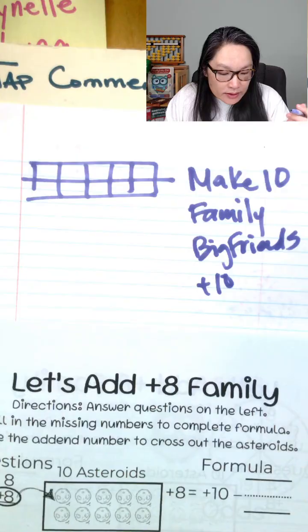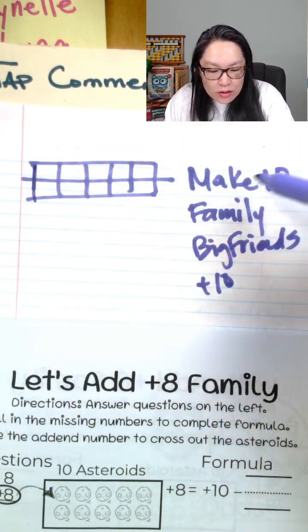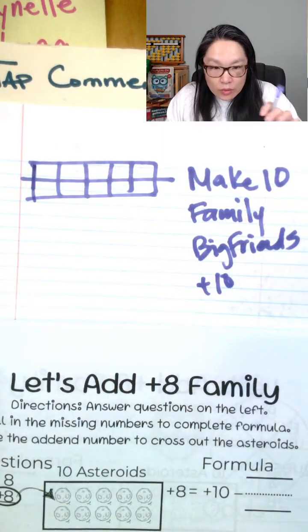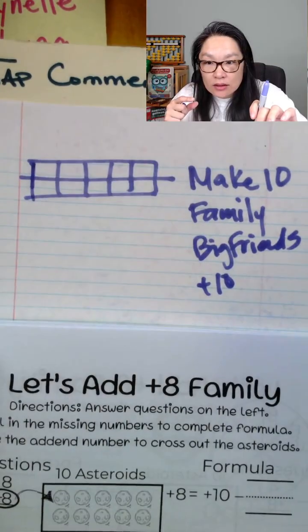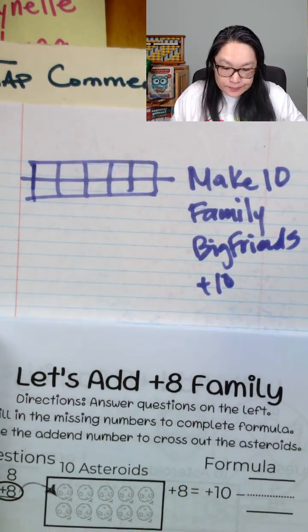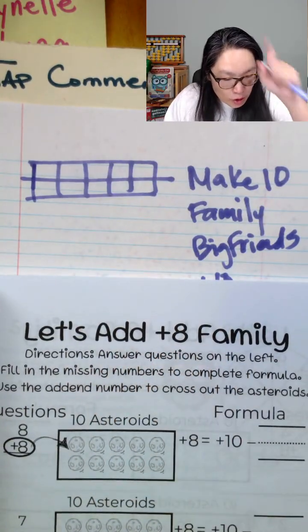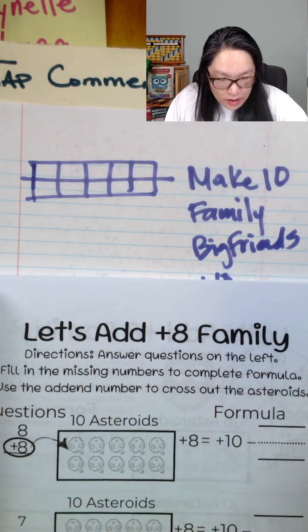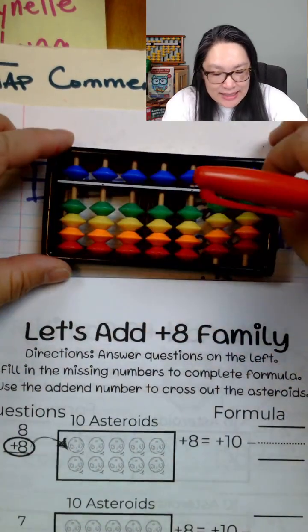In school, we're calling it make a 10. So what I'm trying to do is relate school with abacus. And I'm always playing around with my camera. Okay. So why do I need to learn how to make a 10? Learning to make a 10 is critical because that's how we're going to use the next step on the abacus.